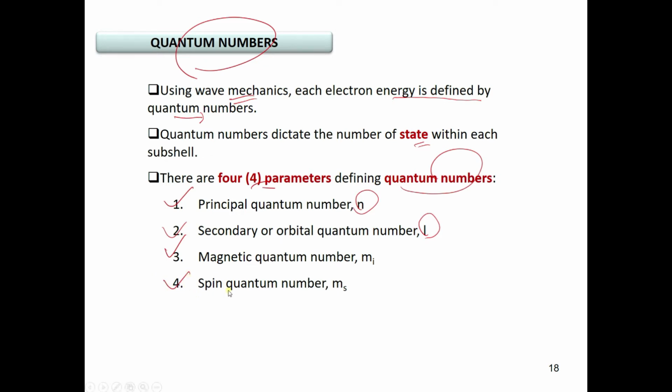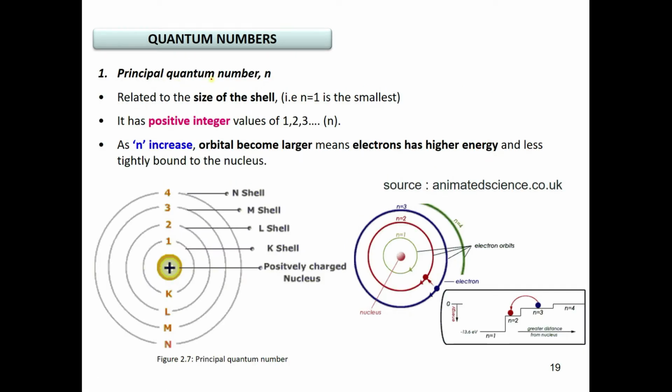The principal quantum number N is related to the size of the shell, and it can have positive values of 1, 2, 3, and so on. As N increases from 1, 2, 3, 4, the orbital becomes larger, which means the electron has higher energy and is less tightly bound to the nucleus.